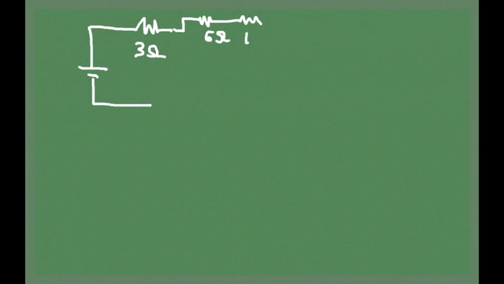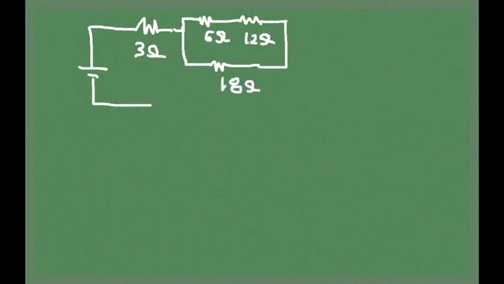So I have a 3 ohm resistor here. Then that's connected to this 6 and 12. This is 18 ohms. The battery has an EMF of 12 volts.